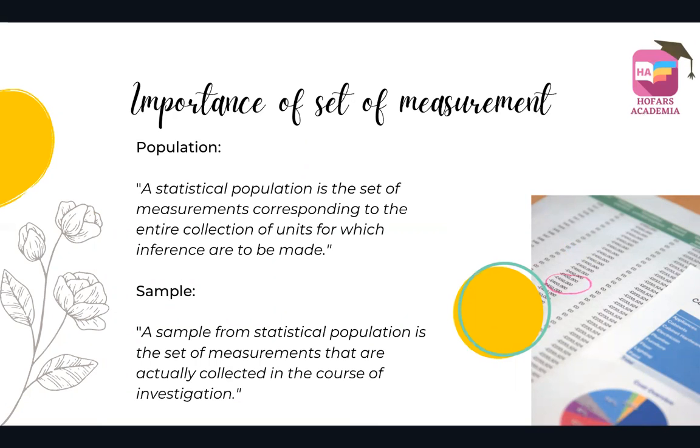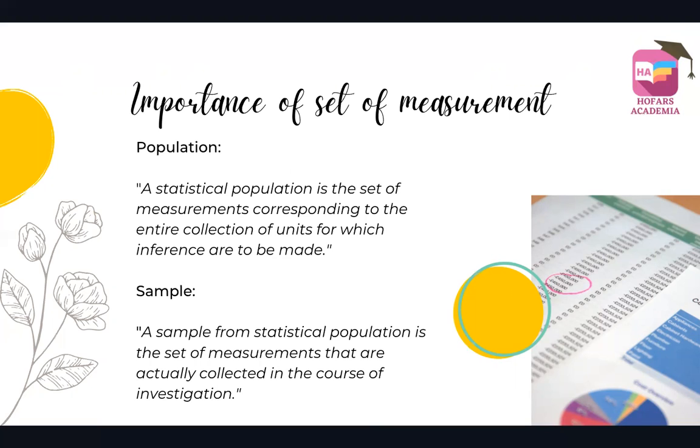The whole definition of population and sample was actually based on this set of measurement, and an entirely different definition was given by Johnson and Bhattacharya in 92.